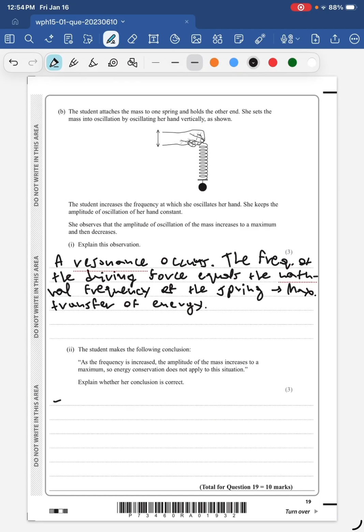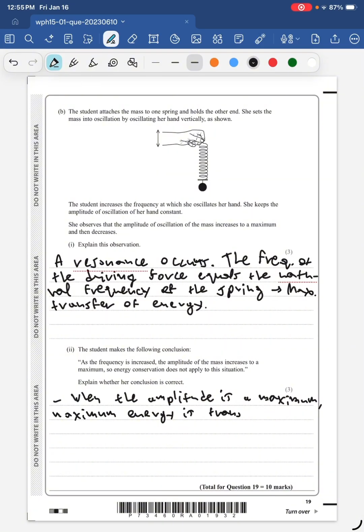Okay, so the way to answer that is that when the amplitude is a maximum, maximum energy is transferred to the surroundings.